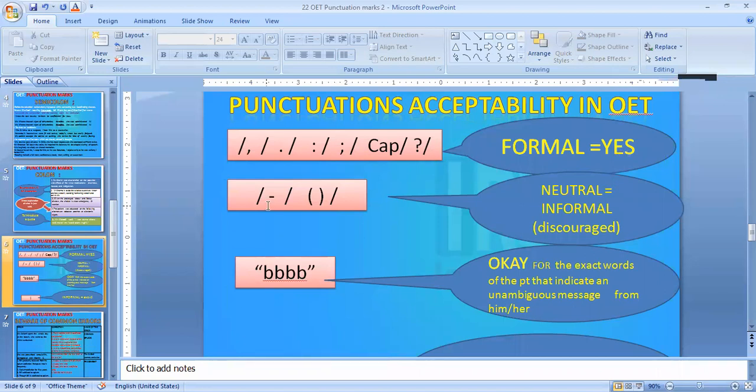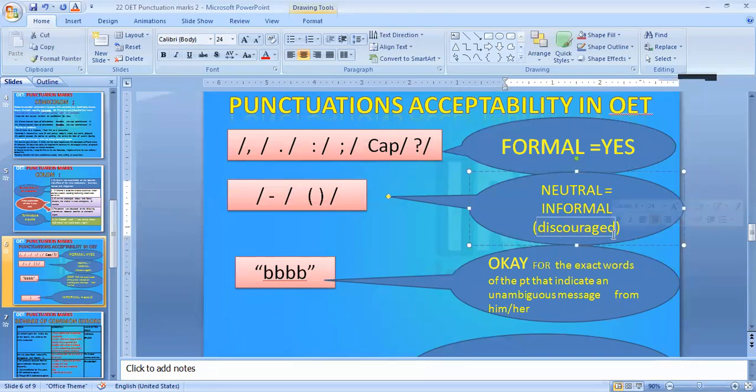Okay, next group. Dash, bracket, these two. These are informal and it is discouraged in OET. Meaning, it doesn't say not allowed, it says it is discouraged, means try to avoid as far as possible. What about these inverted commas?